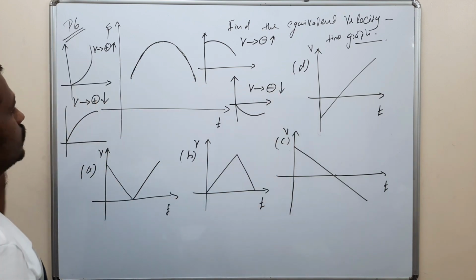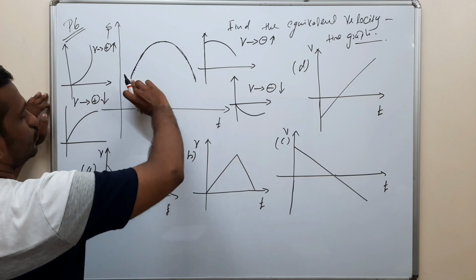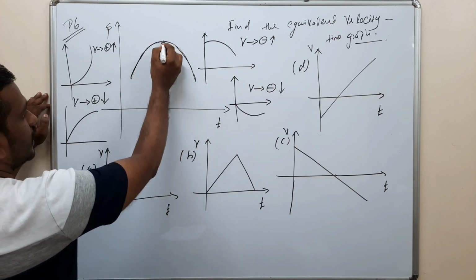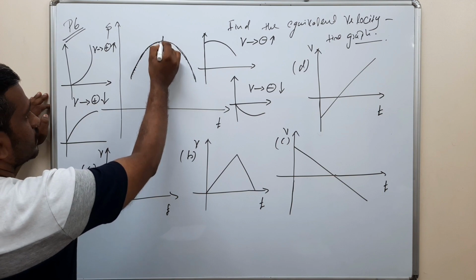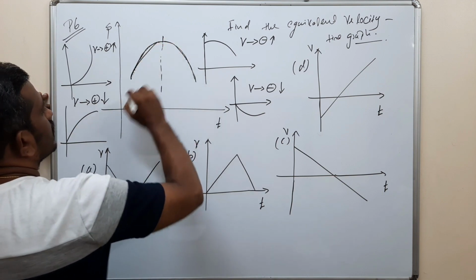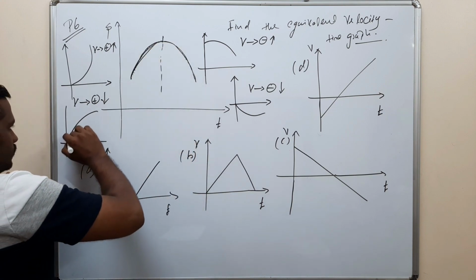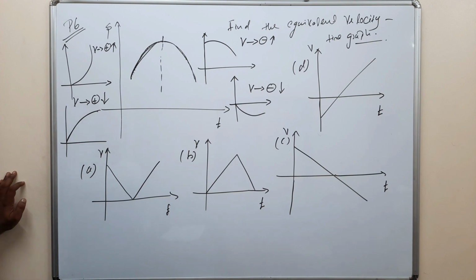So we can divide our displacement-time graph into 2 sections. The first part is like this, this part.